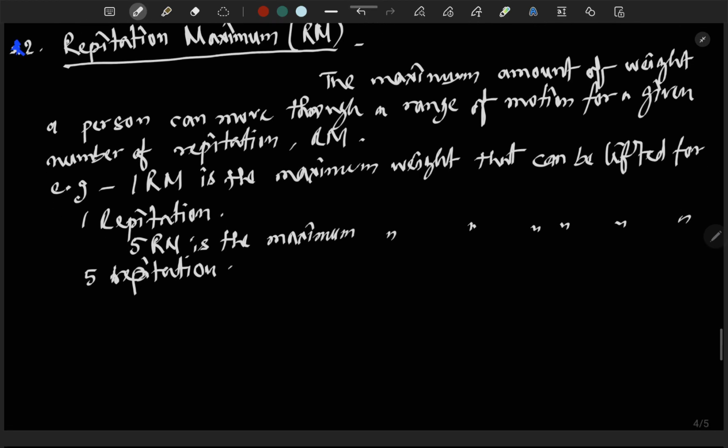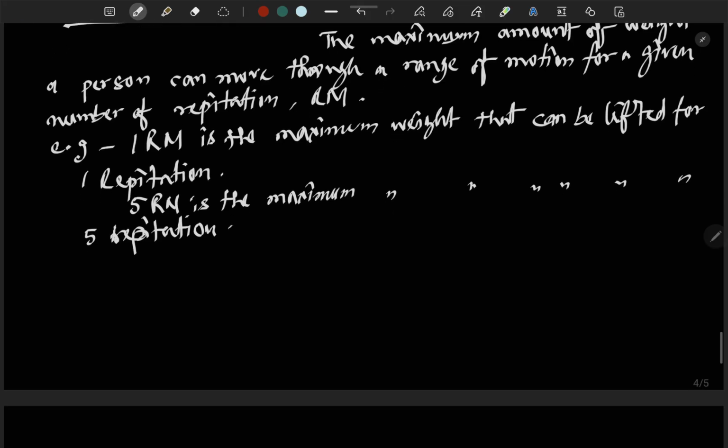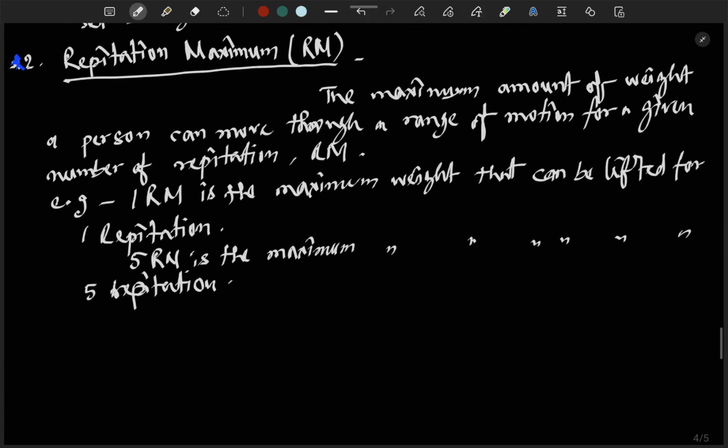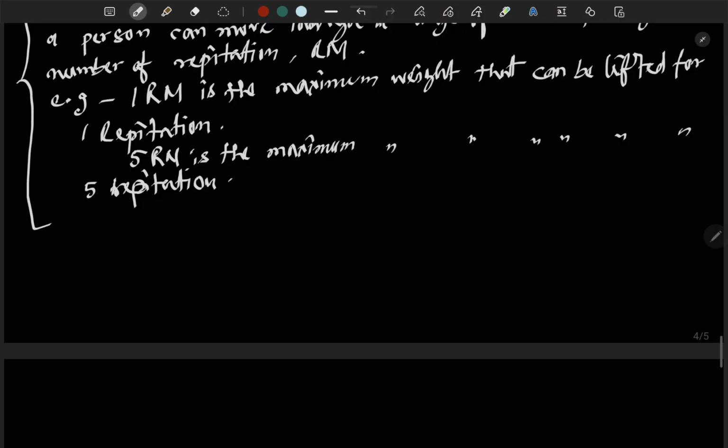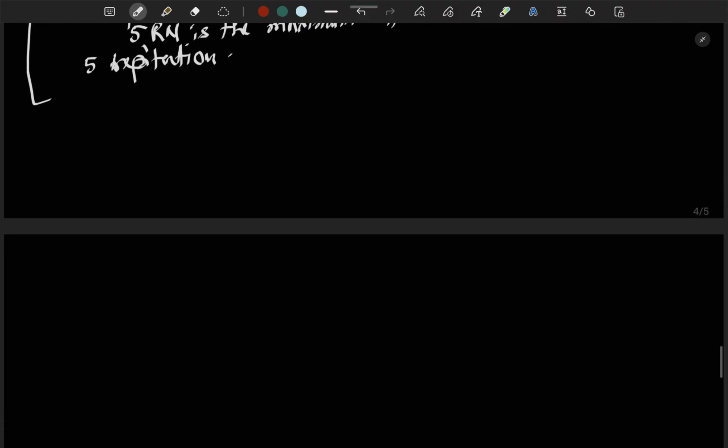So this is the repetition maximum. Okay, next we'll study methods of pairing.